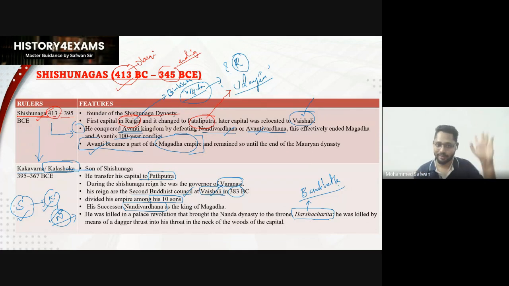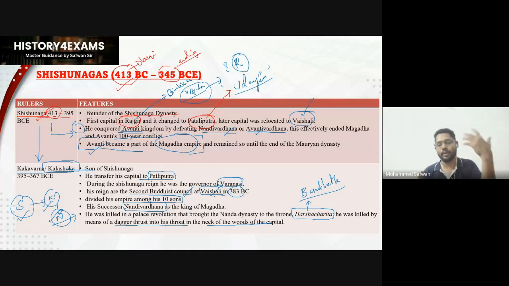That was the condition of ancient Indian politics. Not only in ancient India, in every monarchical state there was some kind of chaos or internal disturbance over the throne. So he was killed by a dagger pierced into his throat in his capital. Thus he died.